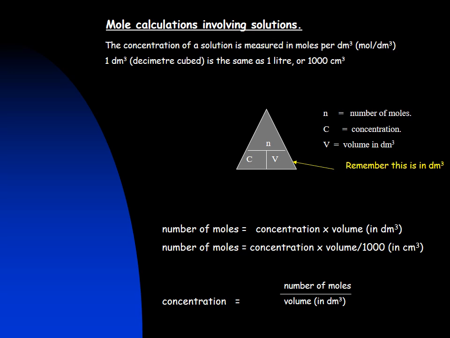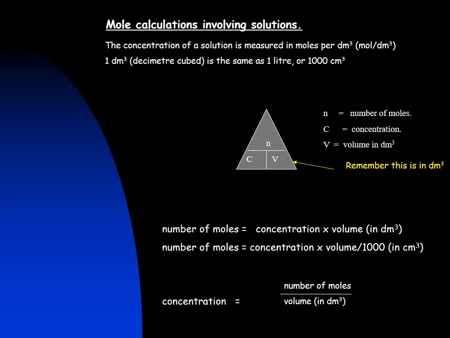So if in a question you are being given the volume in centimeters cube, you will very likely have to convert it into decimeters cube unless you're told otherwise. So the actual equation looks as follows. Number of moles equals concentration times volume in decimeters cube.